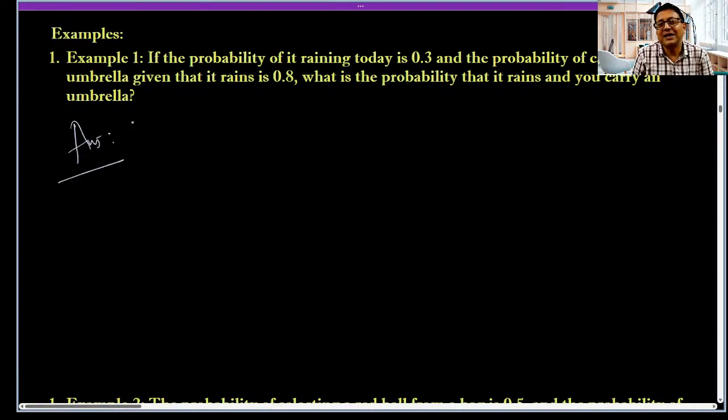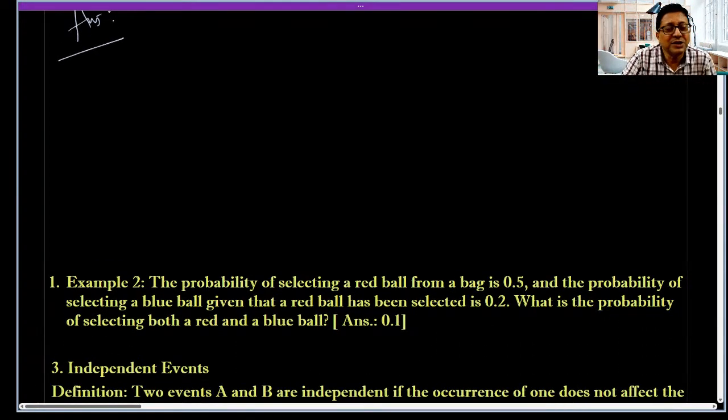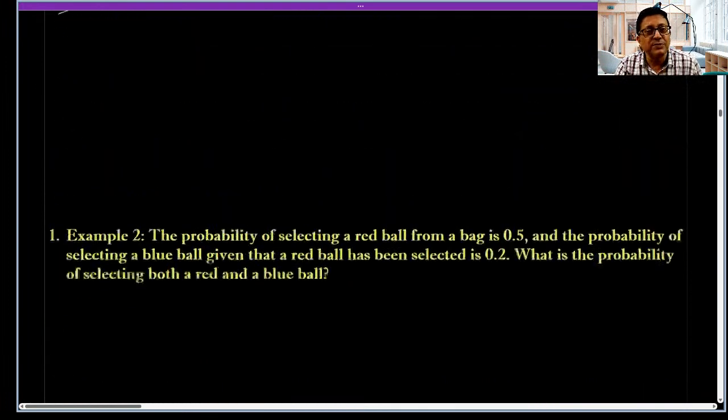What is the probability that it rains and you carry an umbrella? Or this one. Probability of selecting a red ball is 0.5. Probability of a blue ball, given that a red ball had already been taken, is 0.2. What is the probability of selecting a red and blue ball? Let us solve it, both the sums.